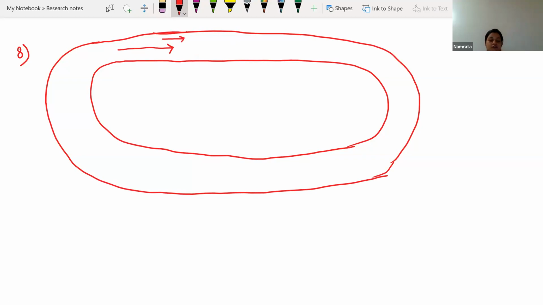Now, whose left and right ends are semicircular. As we can see, this portion looks like a semicircle, and also this portion looks like a semicircle, and the distance between the two inner parallel line segments is 60 meter. So the distance between this one and this one, the inner parallel lines, is 60 meter.